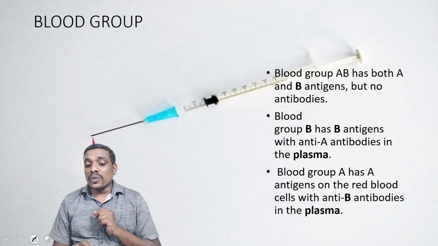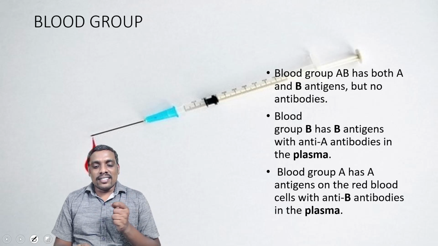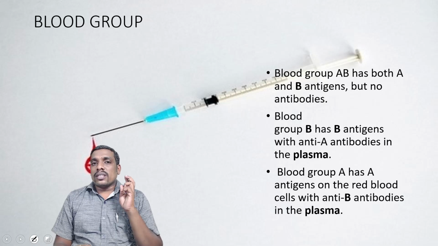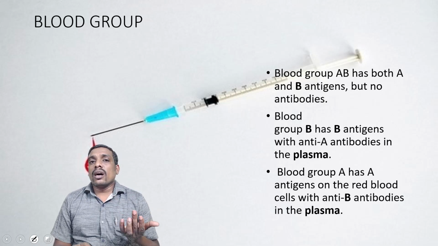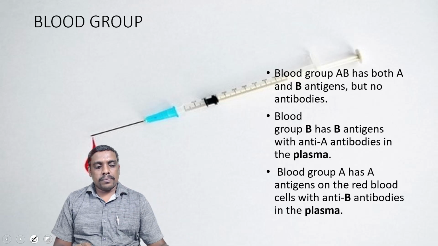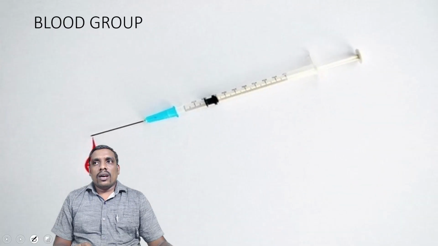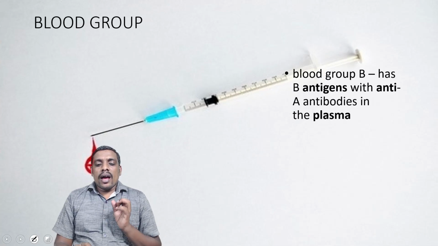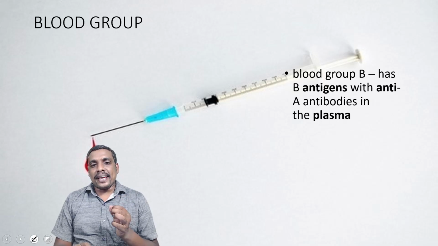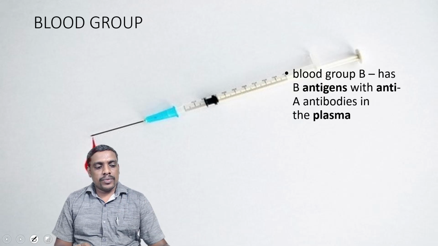Why is it called universal recipient? There is a reason, right? Because they have both antigens A and B but no antibodies. Hence they are universal recipients. Now, let us learn one more interesting point. Blood group B has B antigens with antibody A in the plasma.